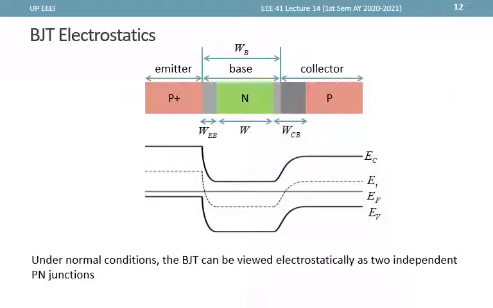Now let's look at the electrostatics of a BJT and its energy band diagram. In this example, again, we consider a PNP BJT, and what we can say is that under normal conditions, the BJT can be viewed electrostatically as two independent PN junctions, meaning knowing the doping concentrations on the emitter and the base will allow us to plot this energy band diagram and identify the depletion region width, and the same can be done for the collector base junction.